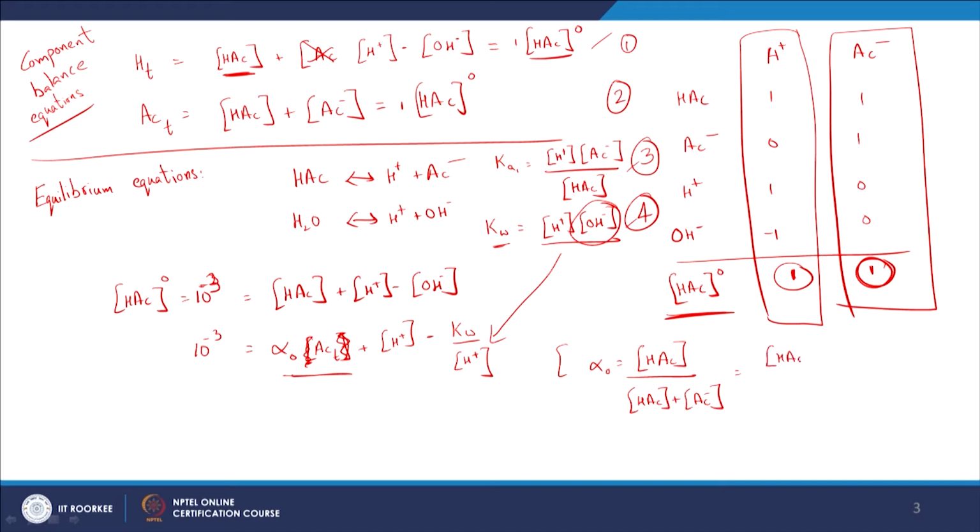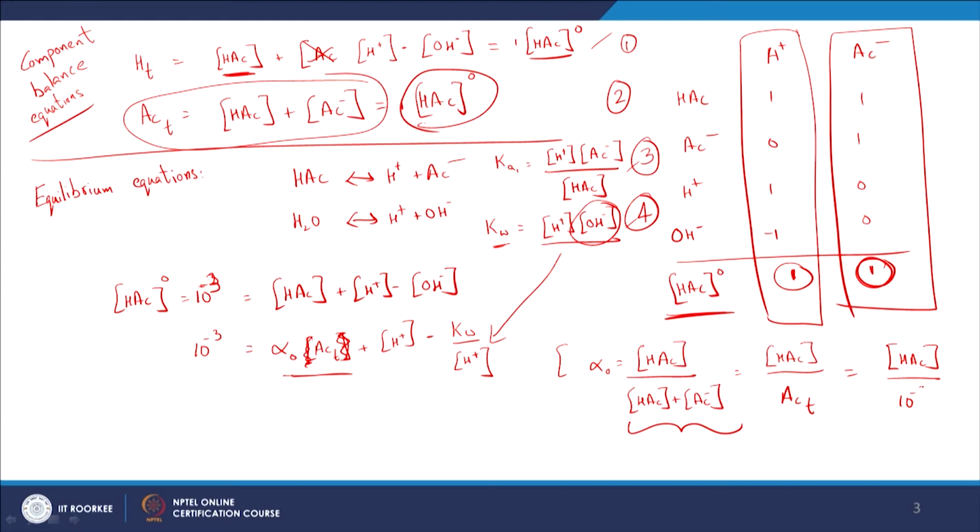The concentration of HAC divided by this term, which seems familiar, and that is nothing but equation number 2, and so that is acetate total, right. And again you know that acetate total is equal to HAC naught, so alpha naught is equal to HAC by 10 power minus 3, right.